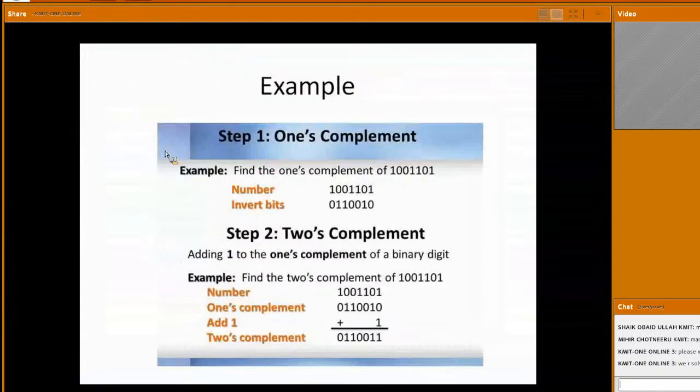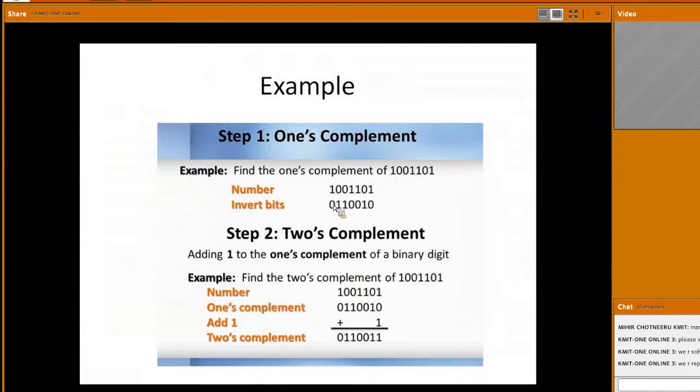One more example for 1's complement and 2's complement. 1's complement is just changing the bits from 1 to 0 and 0 to 1. Consider this example: 1001101. What is the inverted bit?